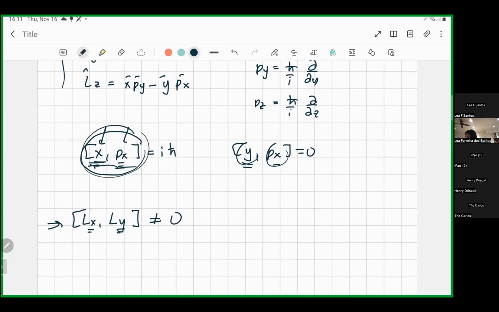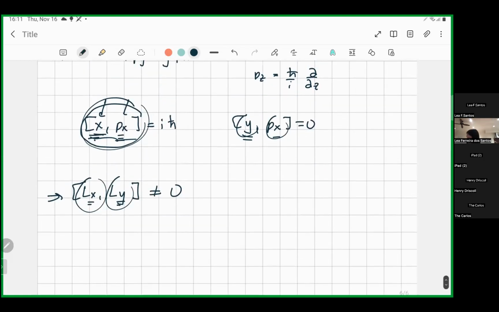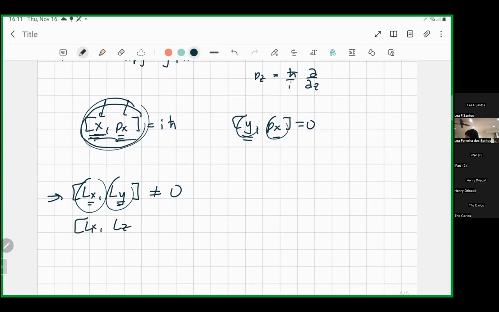But if we are talking about angular momentum, none of them will commute. So Lx and Ly do not commute, Lx and Lz do not commute, Ly and Lz do not commute, and let's check that. So none of the directions of the angular momentum will commute.